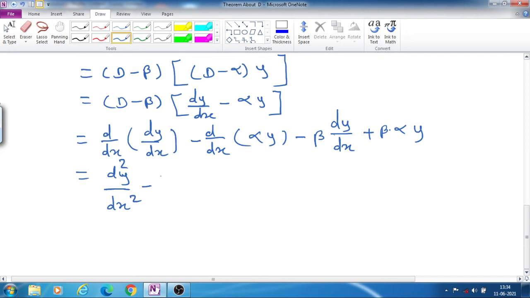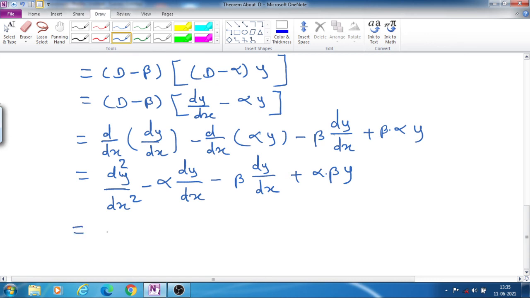Alpha is constant, therefore alpha into d by dx of y means dy by dx, minus beta into dy by dx, plus beta into alpha, meaning alpha beta y.